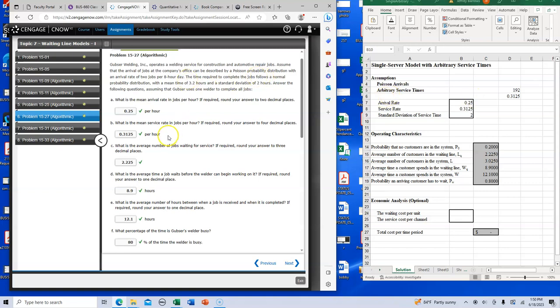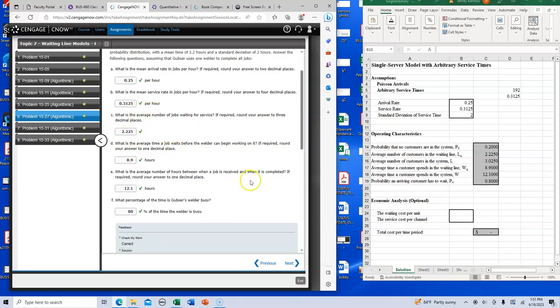And then the mean service rate, make sure you understand, and this is an algorithmic problem, so your number is going to be a little bit different, but the approach should be the same. So 3.2 hours, I converted that to minutes. If you take that as the denominator, 60 over that will tell you what portion of the job is completed within an hour, and that's again about 31.25%. And then I think all the questions here basically line up with your Q characteristics. So you should be in pretty good shape on that one.